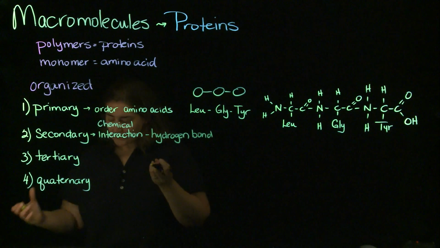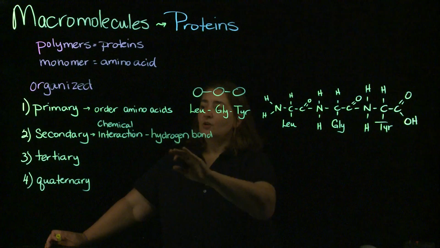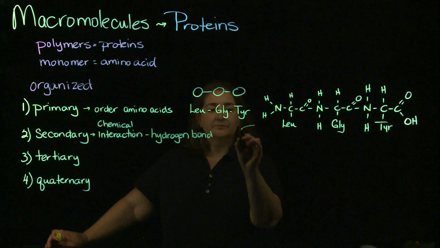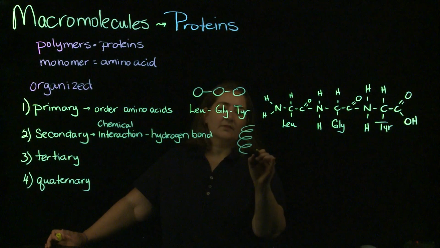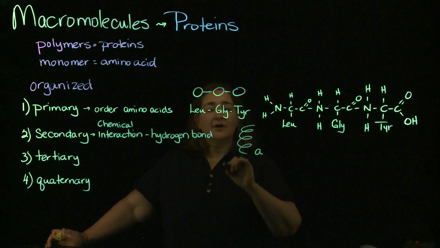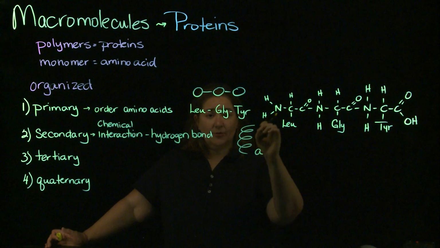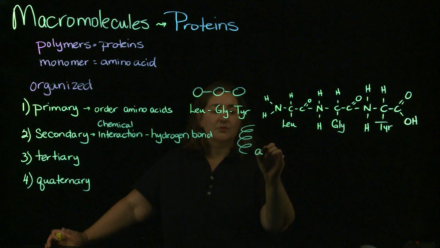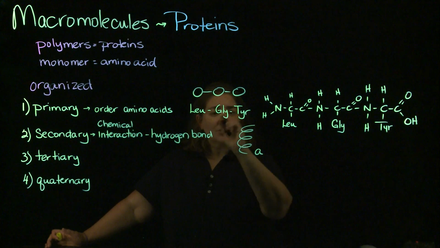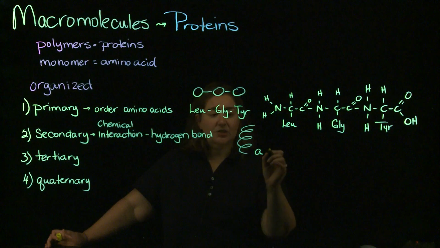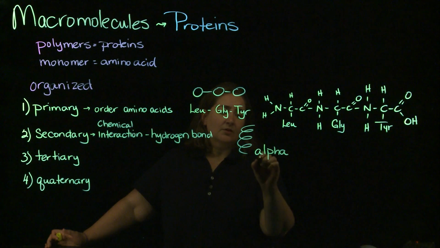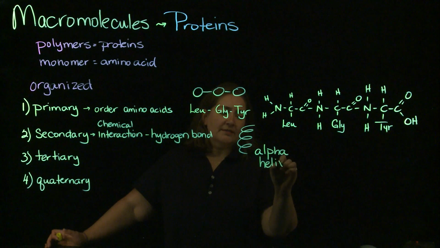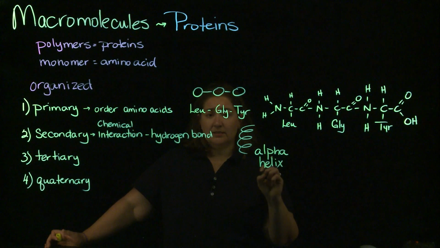Okay? Because what's going to happen, secondary structure, I always kind of draw this as a pig's tail. You can have some hydrogen bonds that occur between the functional groups that result in essentially a coil being generated. And that coil we refer to as an alpha helix.